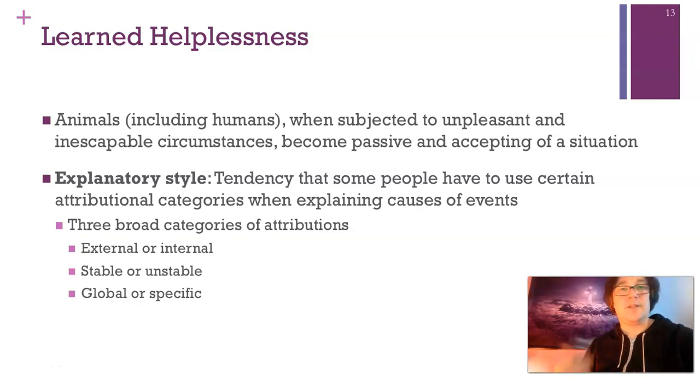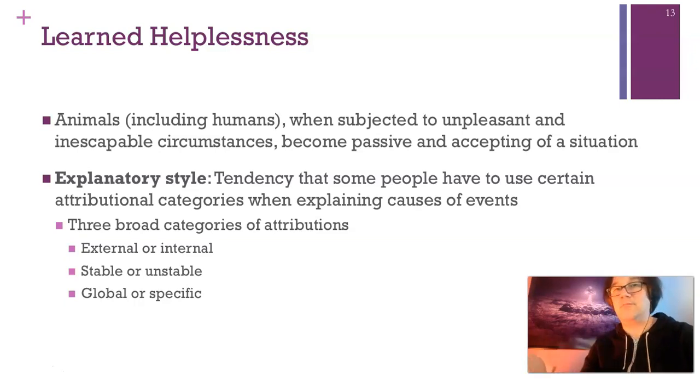So we could speak of explanatory style as the tendency that some people have to use certain attributional categories when explaining causes of events. So what are attributional categories? Attributions are just explanations.